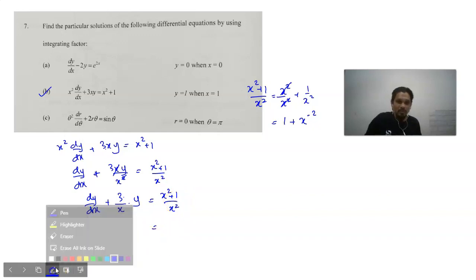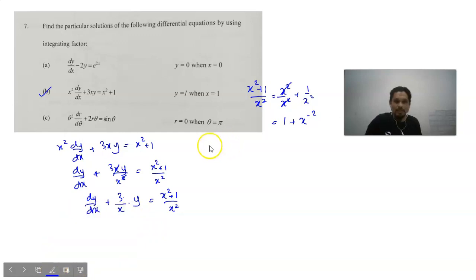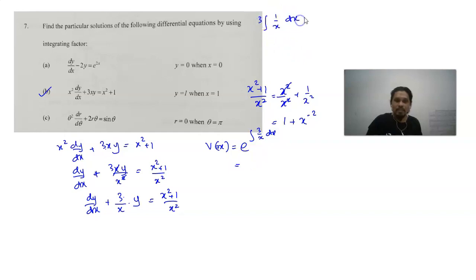Let's see what our integrating factor is going to be. So v(x) equals e to the power of the integral of 3 over x dx. The integral of 3 times 1 over x dx is 3 natural log of x, am I right?